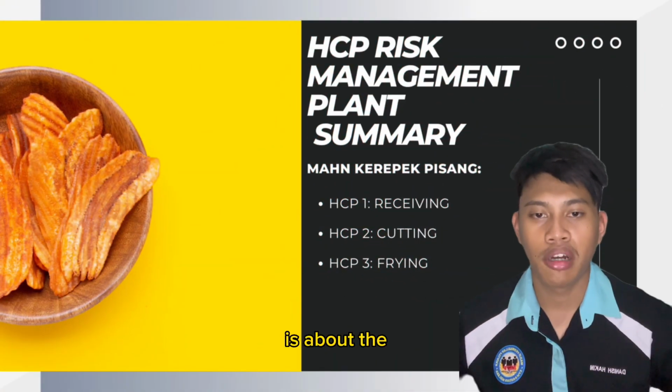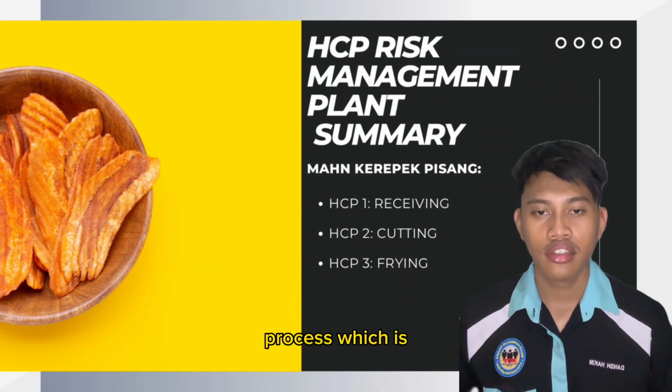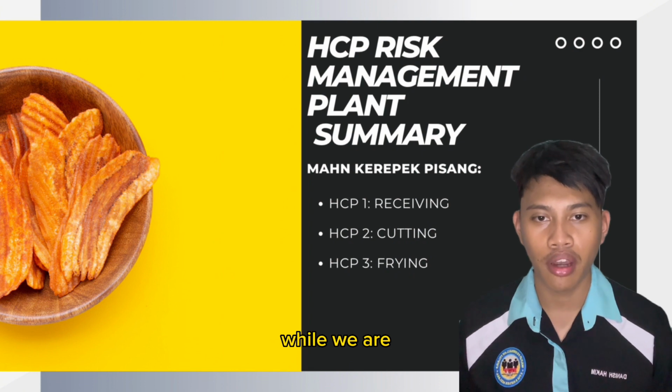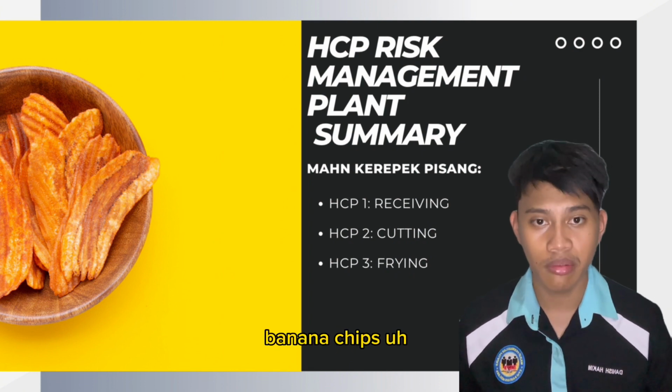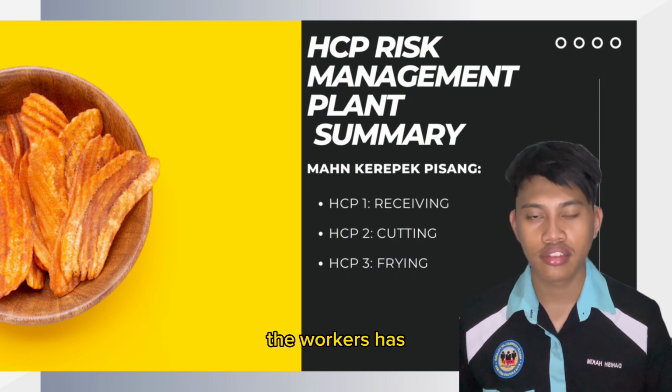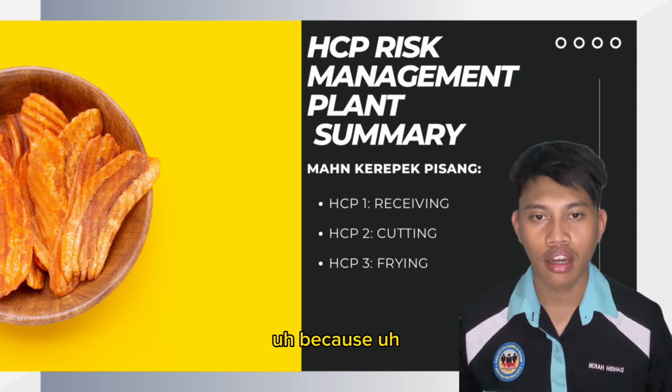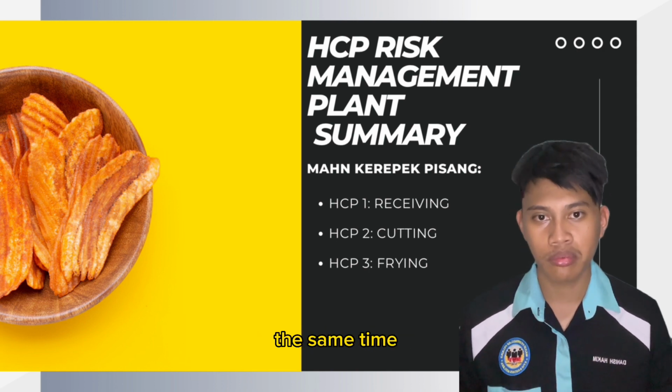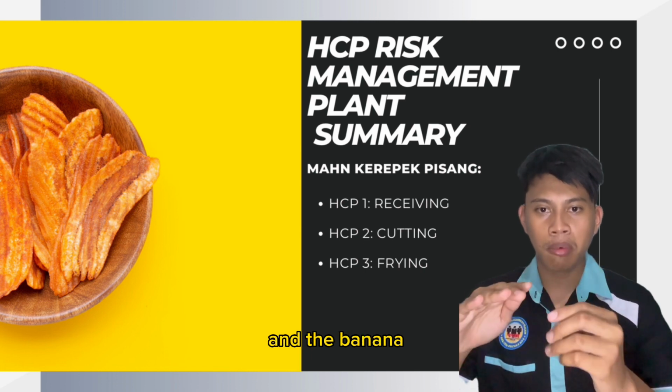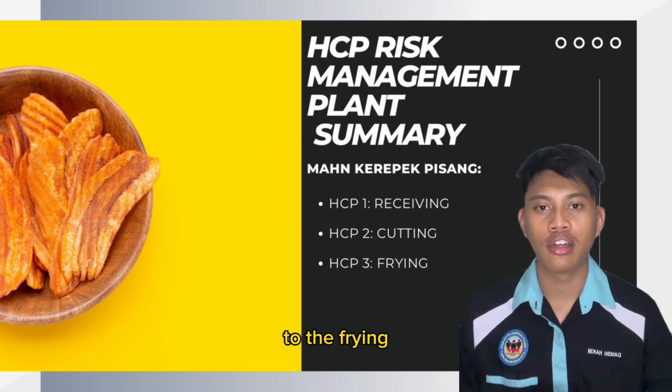The second HCP is about the cutting process. While producing the banana chips, workers have cut their fingers before, because we do the cutting and frying at the same time: the banana that has been cut drops automatically into the frying machine.